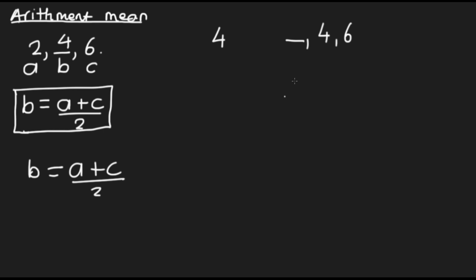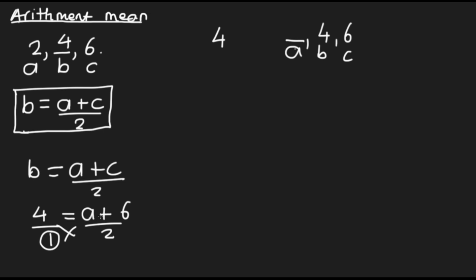What's our B? The B is the middle term. Let's just do some substitution. So 4 is equal to A, which we don't have, plus C. What's our C? 6, over 2 over 1. We cross multiply. So 1 times A plus 6 is just A plus 6. 2 times 4 will give us 8.